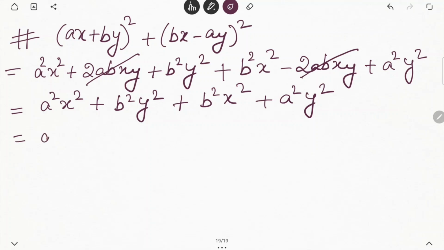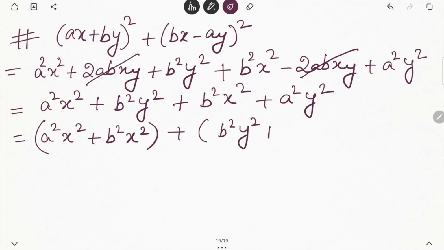So let me group it as a square x square plus b square x square, so that I can take x square at least common, and the next group is b square y square plus a square y square, at least I can take y square common.